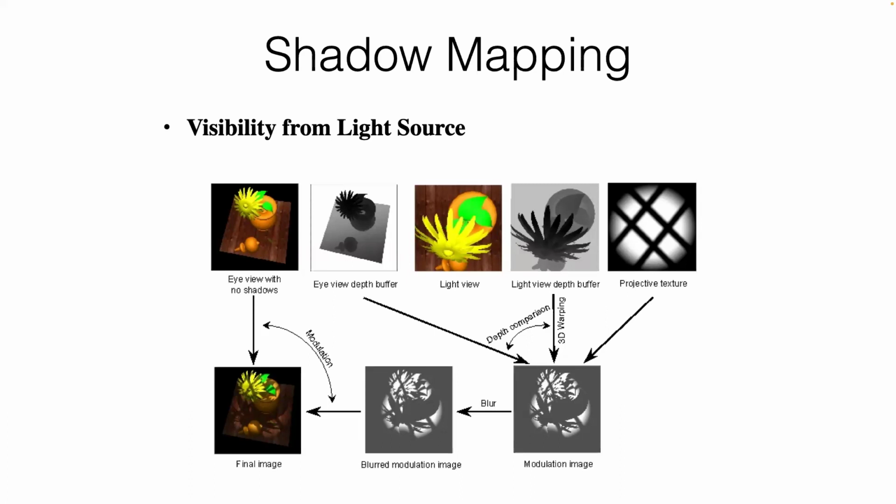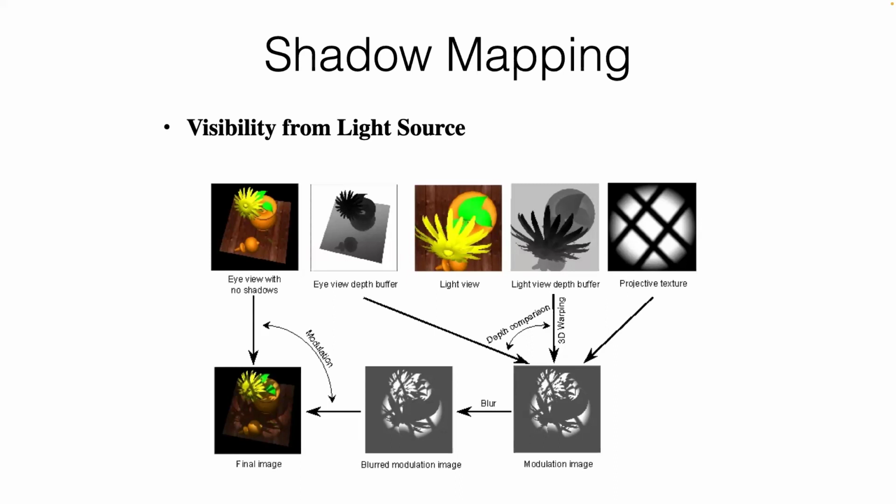And then what we do is project from the image to the light source and see if the distance of a ray to the object is blocked by something that is in the depth buffer from the light source. And this is what the light sees from that position of the scene, right?